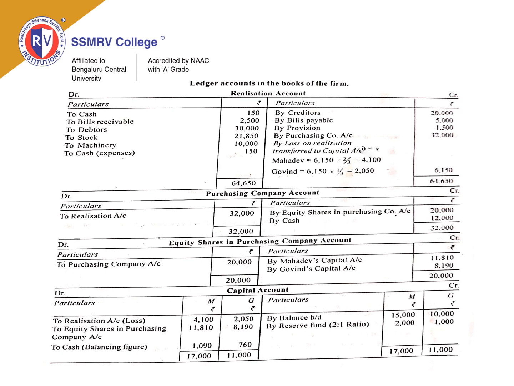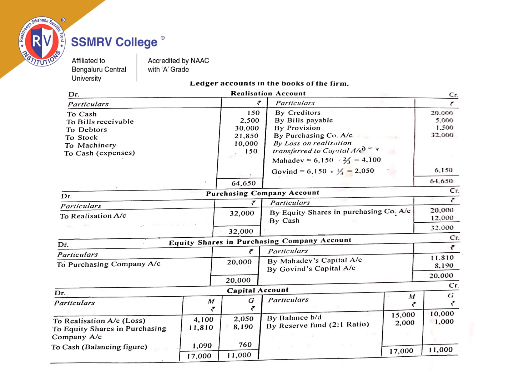In this given problem, we have reserve fund. So this reserve fund has to be distributed among the partners in their profit sharing ratio, and this should be transferred to their capital account. So the reserve fund is distributed in the ratio of 2:1. So in terms of amount, it is 2,000 and 1,000. So the total on the credit side of the partner's capital account is 17,000 and 11,000.